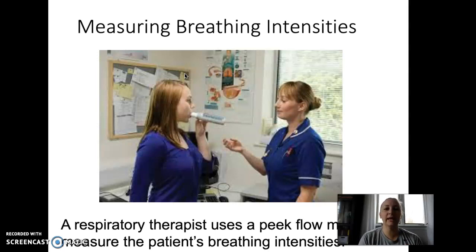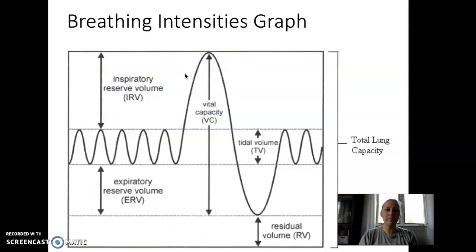So then we can measure breathing intensities. We would have done this lab with peak flow meters, where it shows you the amount of volume and how hard you're able to breathe, and then you can see that in a graph. These wavy lines here are your normal breathe in, breathe out.